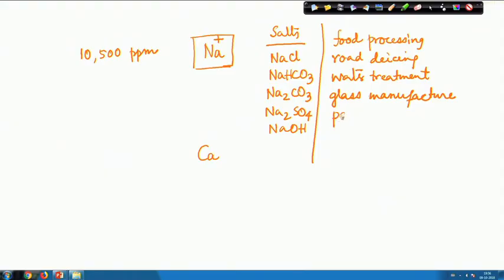Then for paper making. And all other different chemical industry we can utilize this.